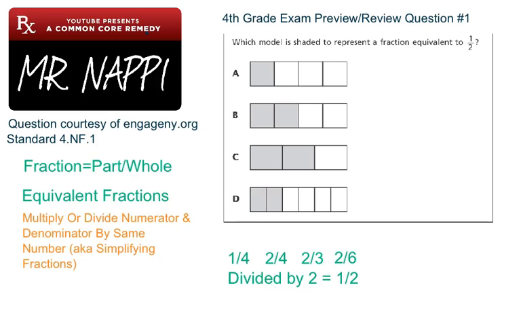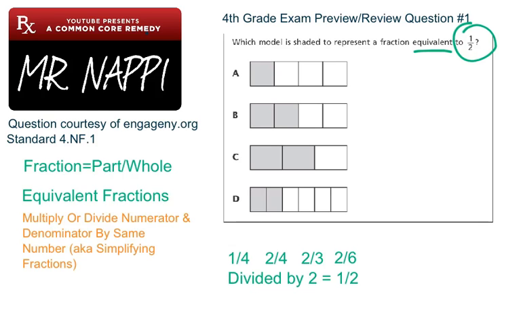The key here is this 1/2 in the question and the word equivalent. So if you look at the first couple of choices, A, B, C, and D, all the fractions are there. Remembering, a fraction is a part of a whole. So the gray section represents your part, and the total sections represents your whole.